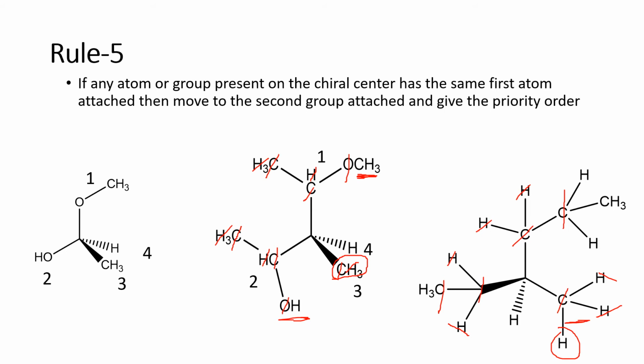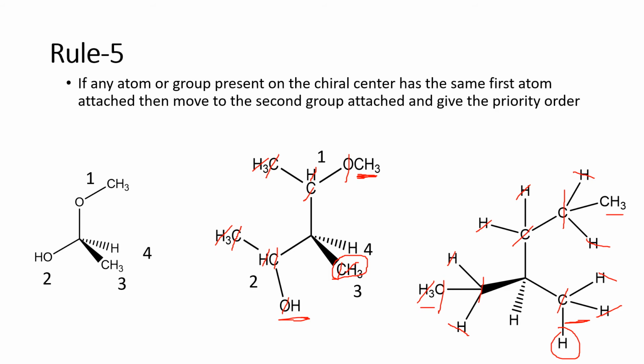Now coming to this. It has 3 hydrogens. Again this has 2 hydrogens. These 2 hydrogens will be cancelled out with the 2 hydrogens here. Now only one hydrogen is present. Now this is a carbon and this is only one hydrogen. So the carbon wins the race according to the atomic number.